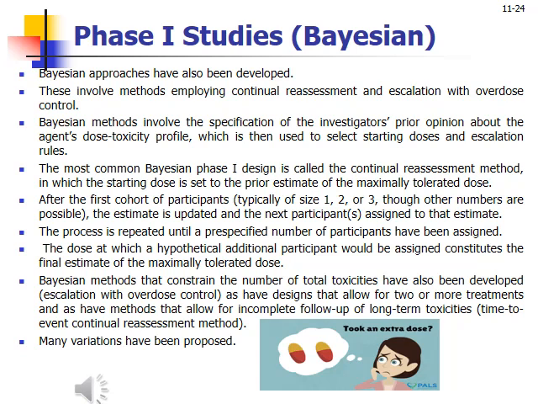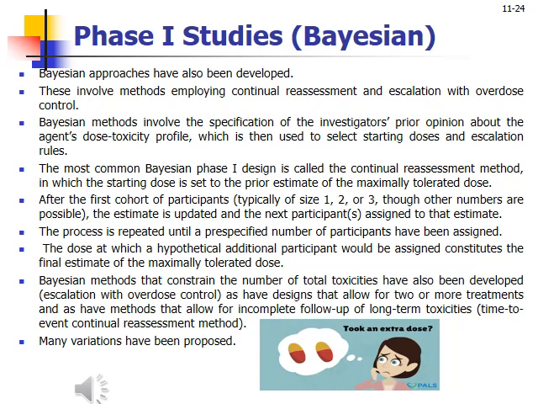The most common Bayesian Phase 1 design is called the continual reassessment method, in which the starting dose is set to the prior estimate of the maximally tolerated dose. After the first cohort of participants, typically of size 1, 2, or 3, though other numbers are possible, the estimate is updated and the next participants assigned to that estimate.